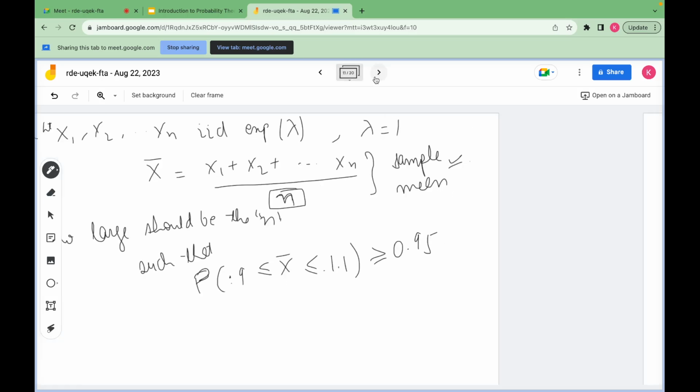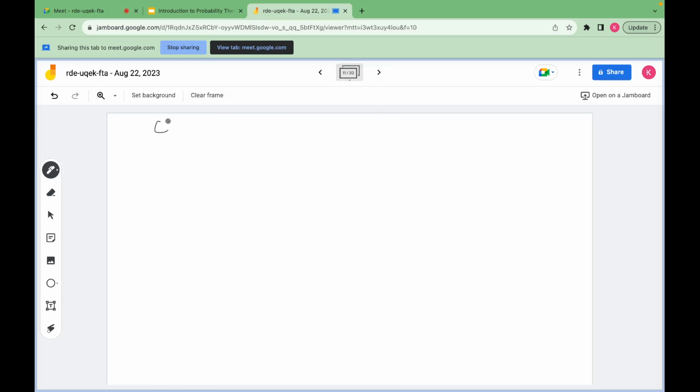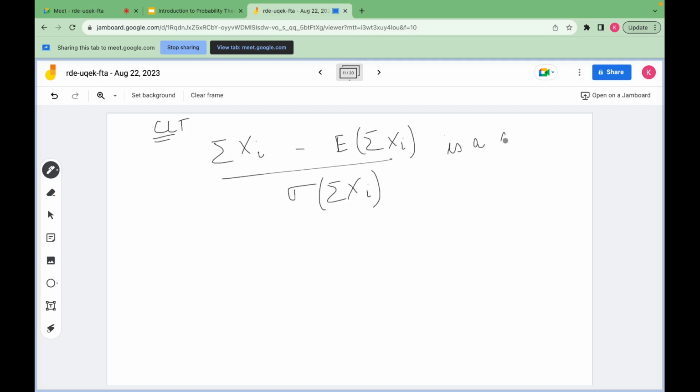Okay, so we can see that there is something CLT here. In CLT, the summation of xi's minus the expectation of the summation of xi's, divided by the sigma of the summation of xi's, is a standard normal distribution.